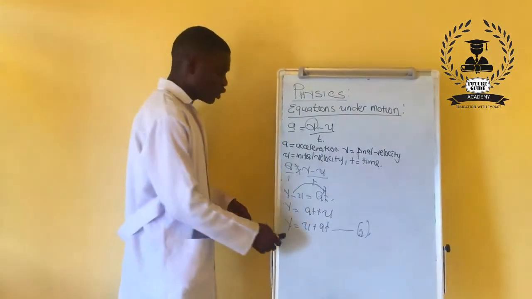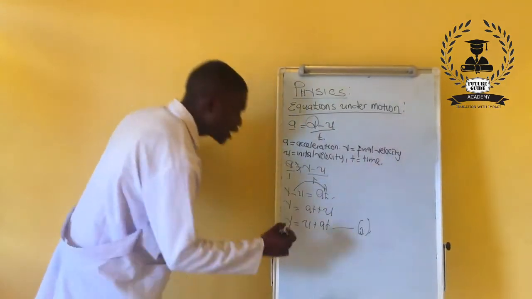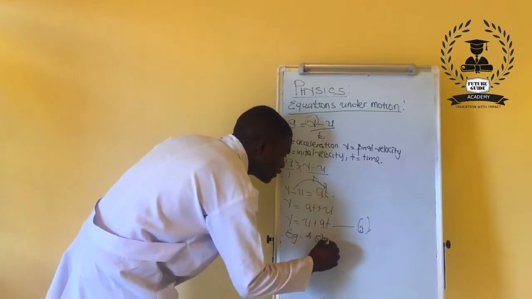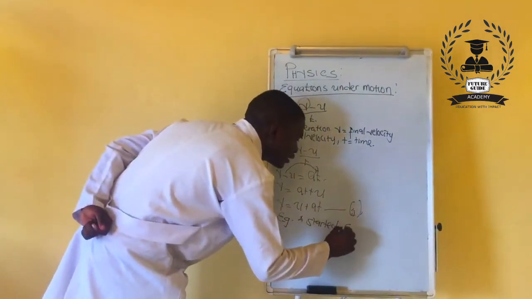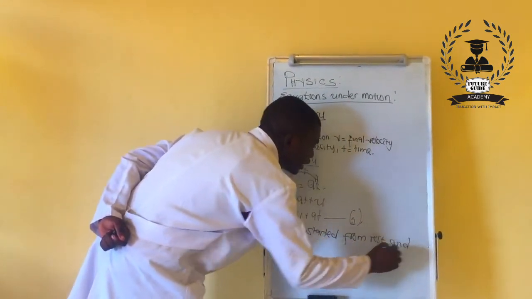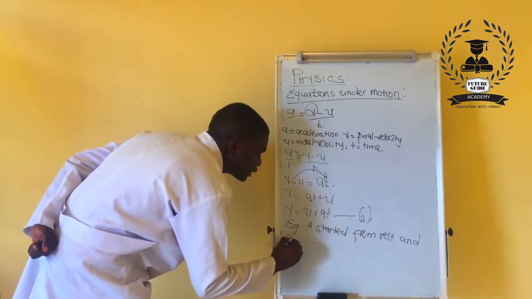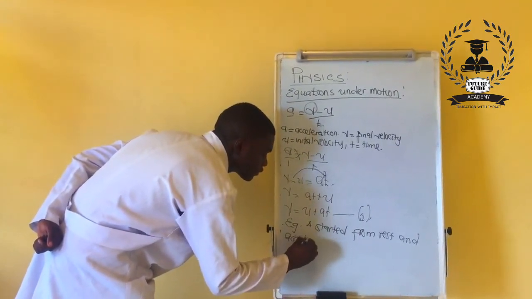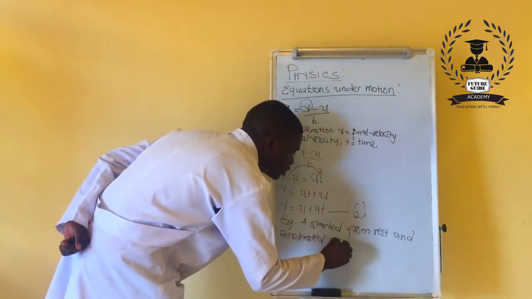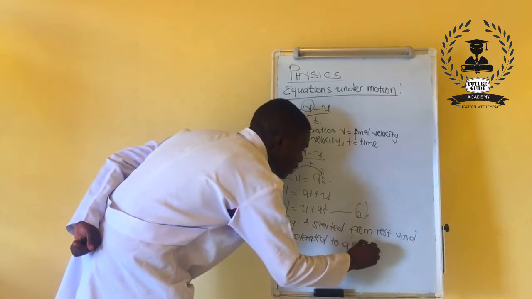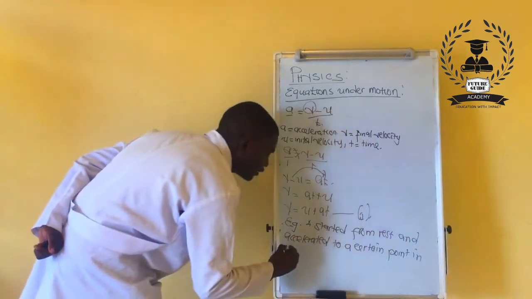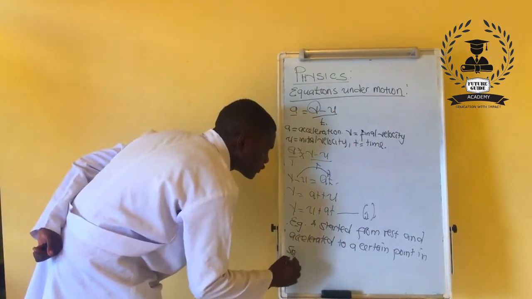How can we solve when we are looking at velocity? For example, they have given us a question: a car started from rest and accelerated to a certain point in 5 seconds.